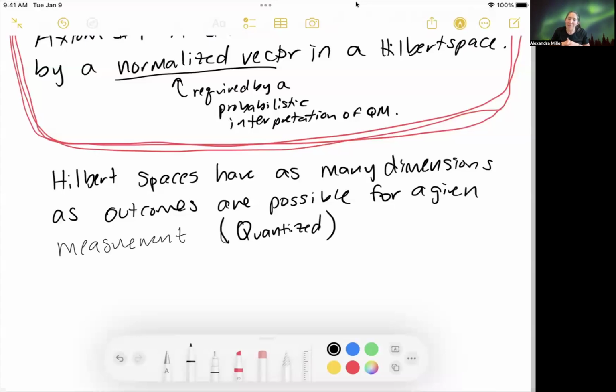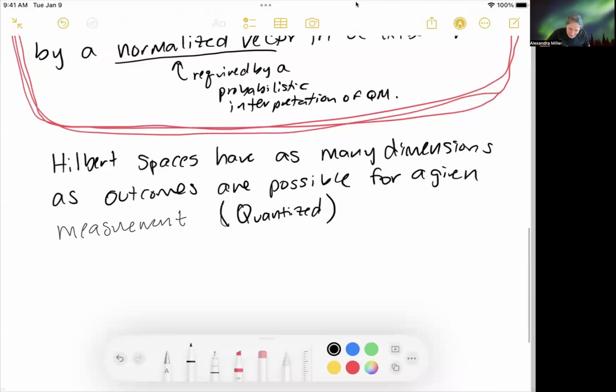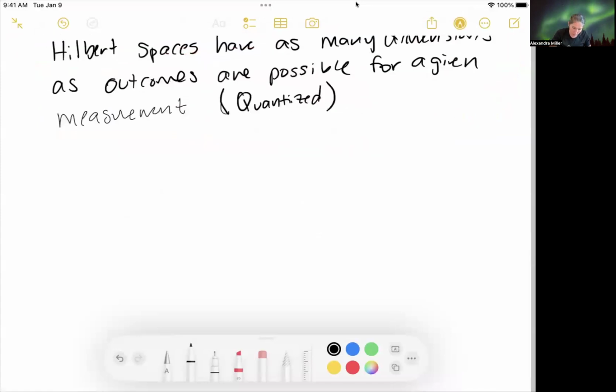How you can visualize an infinite dimensional vector space is hard because you need an infinite number of axes. So we won't always be able to visualize that, but okay, let's look at some examples to help clear some of this up. So let's look at that example that I was about to say. And this fact that I just stated will make it clear why the electron spin Hilbert space is a nice one.